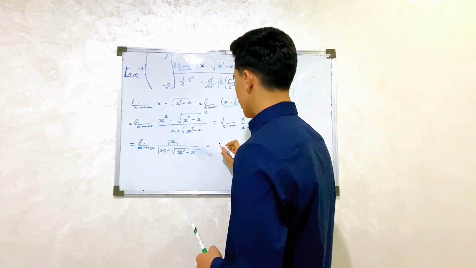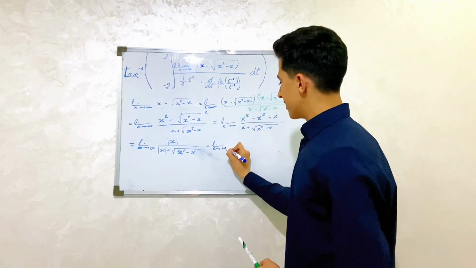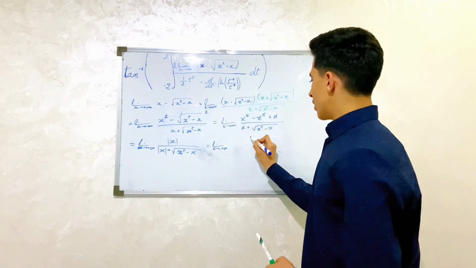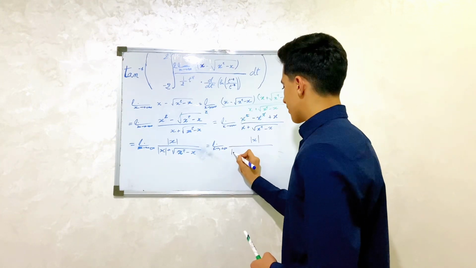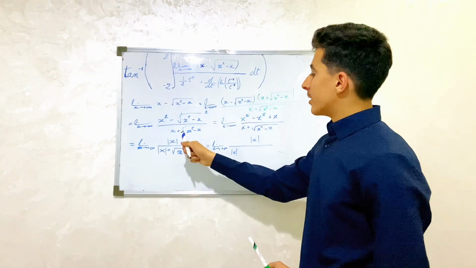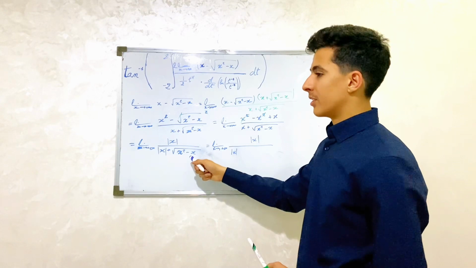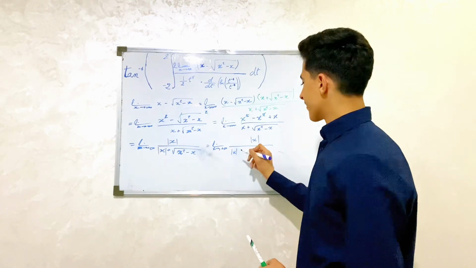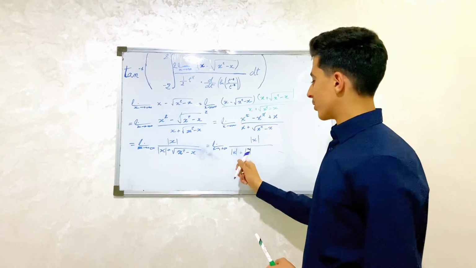This is equal to the limit as x approaches positive infinity of the absolute value of x over the absolute value of x. Here we are going to factor out the square root of x squared, which is the absolute value of x.